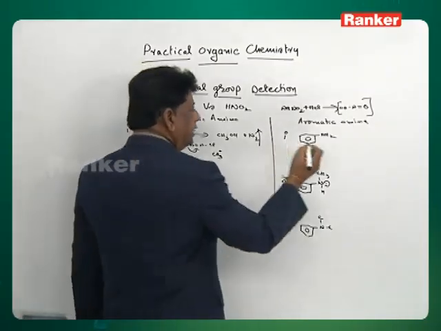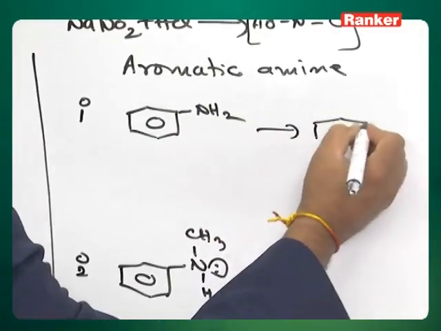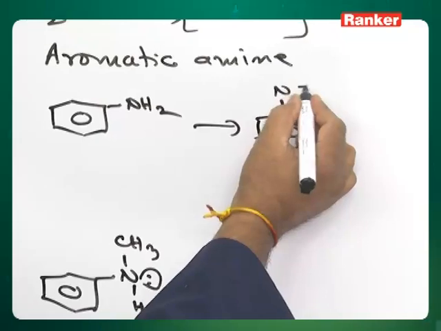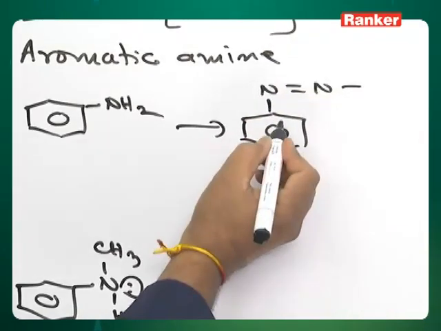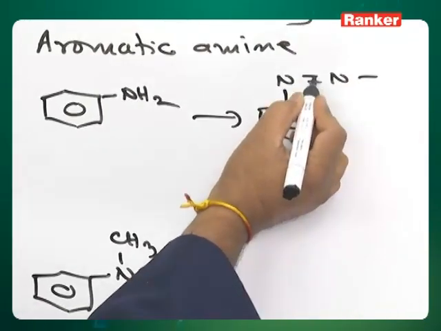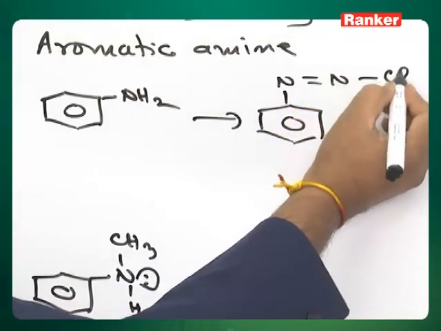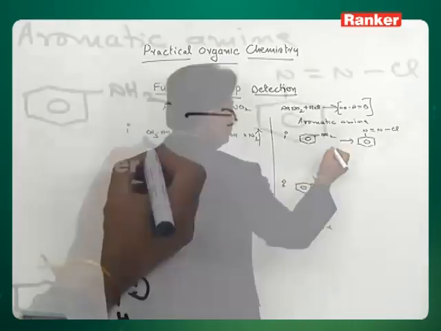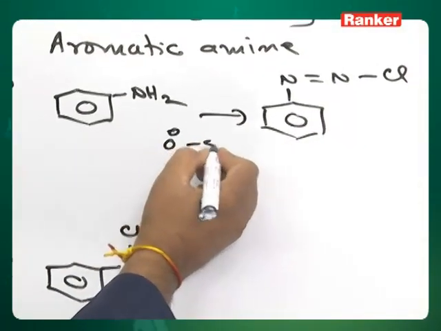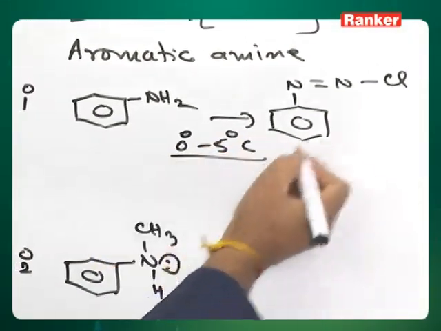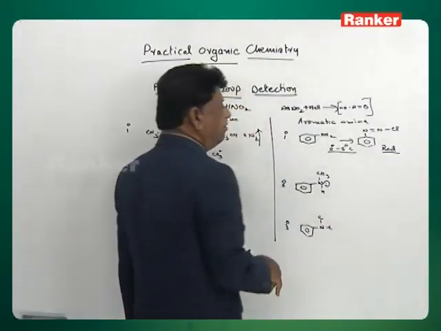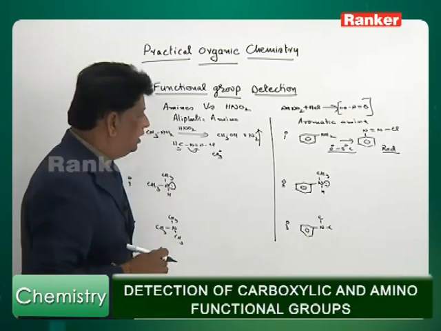Whereas in the aromatic case, it becomes a diazonium salt just like aliphatic, but the aromatic has one advantage. There is a double bond in the benzene, and the double bond in the N≡N gets resonance stabilized. Therefore, at a low temperature of 0 to 5 degrees centigrade, if you conduct the reaction, a red colored diazonium salt is formed, which will be retained for a longer time.